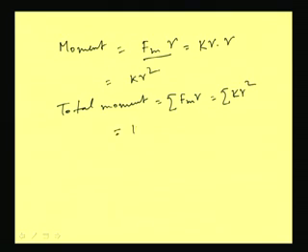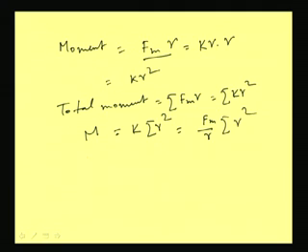K is a constant, so K into summation of r square. So, moment M can be written as K into summation of r square, and K again can be written as Fm by r. So, this can be written like this.